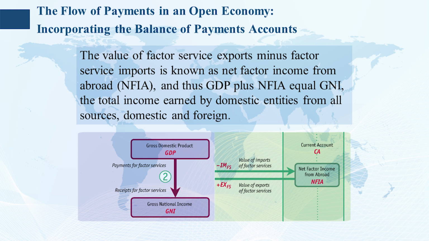The value of factor service exports minus factor service imports is known as net factor income from abroad, NFIA. Thus, GDP plus NFIA equals GNI, the total income earned by domestic entities from all sources, domestic and foreign.